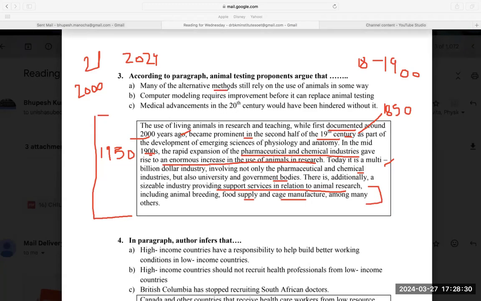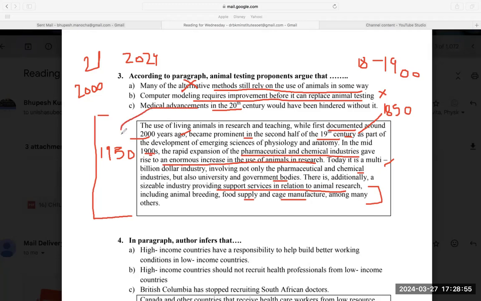Many of the alternative methods still rely on the use of animals in some way. There was no word like alternative methods, so A should not be my answer. Computer modeling requires improvement before it can replace. Again, there was no word like this as far as I think. Medical achievements in the 20th century, that means 1950, would have been hindered without it.